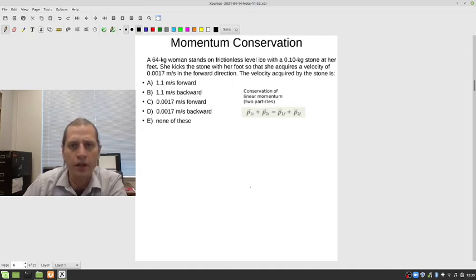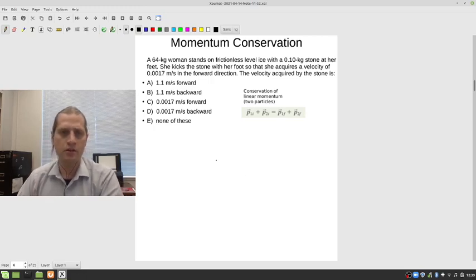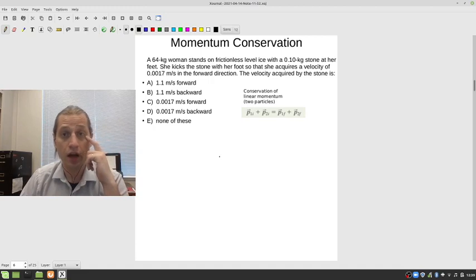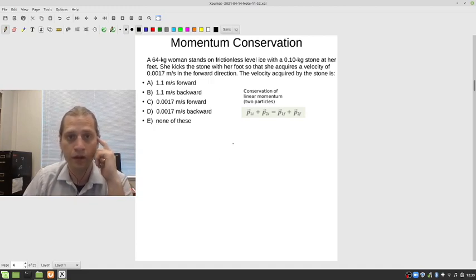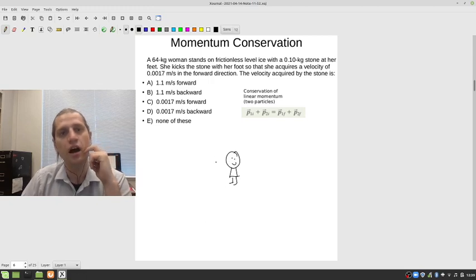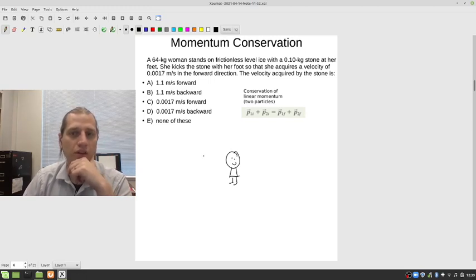Okay, so we covered our impulse momentum theorem. Next, let's look at our idea of momentum conservation. So this story has a lady. There she is. She stands on frictionless level ice with a stone.